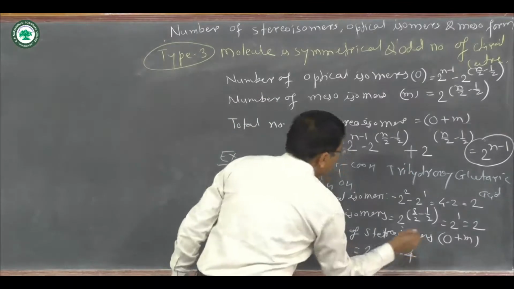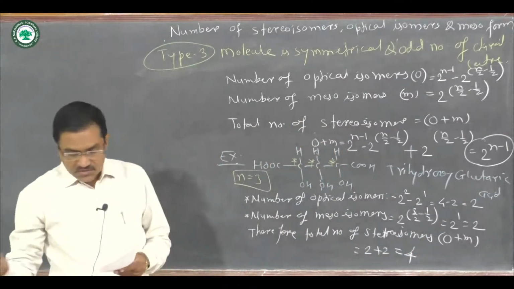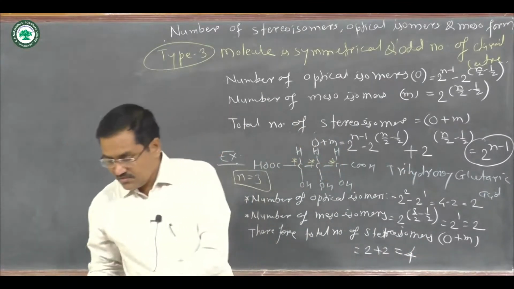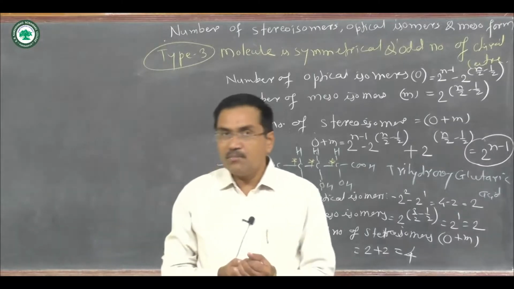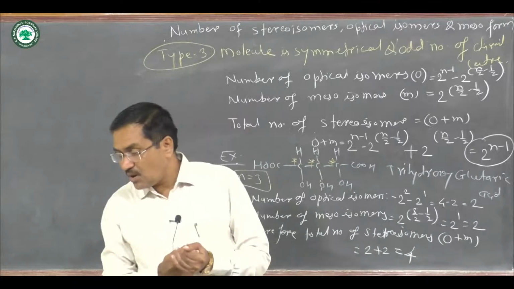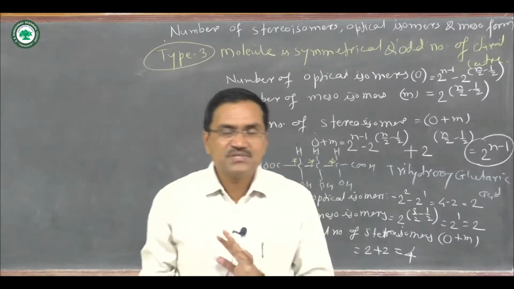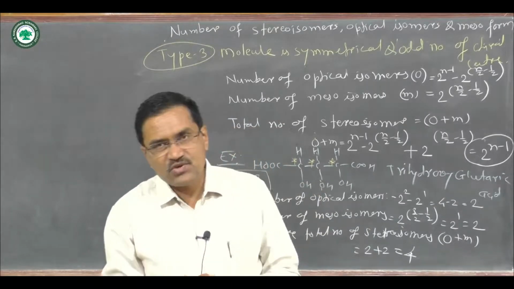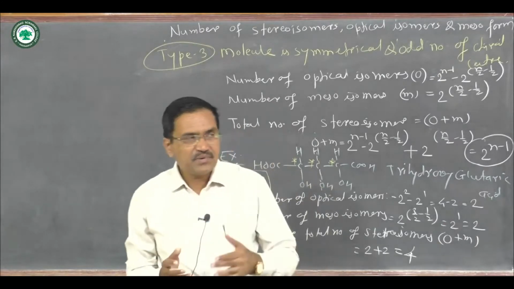It is total 4. So in today's lecture we discussed the number of stereoisomers, which depends on the number of optical isomers and the number of meso isomers. There are different types.